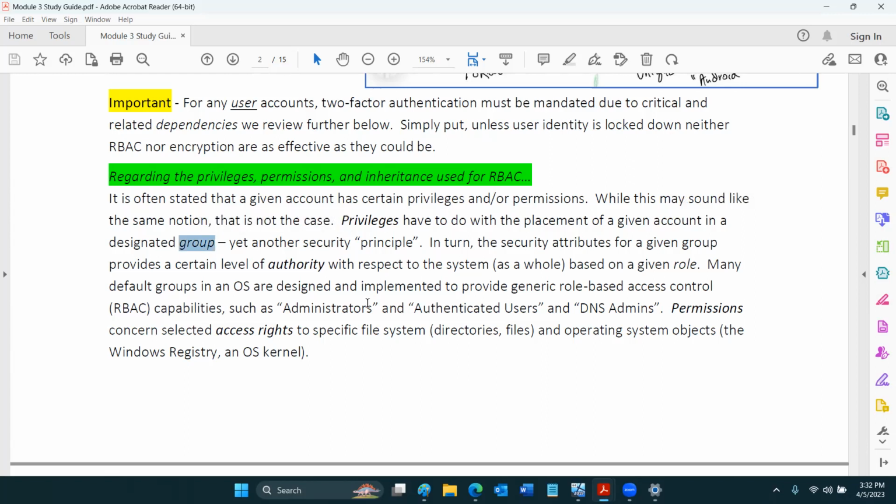And that group is just another security principle. So you can think of groups as just another security object, but it represents a designated number of individuals or systems, right? And when we say that they're in certain groups, we're talking about authenticated users.